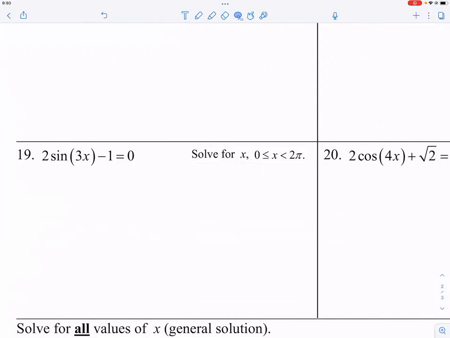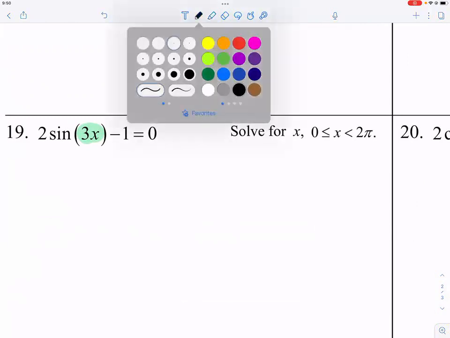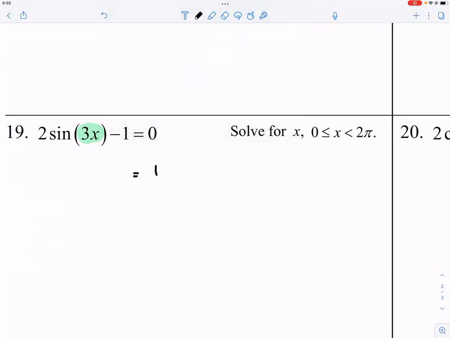But this is 3x. So how would this change? Because when we try to solve for this, we will find out what 3x is equal to. But the domain is only for x.